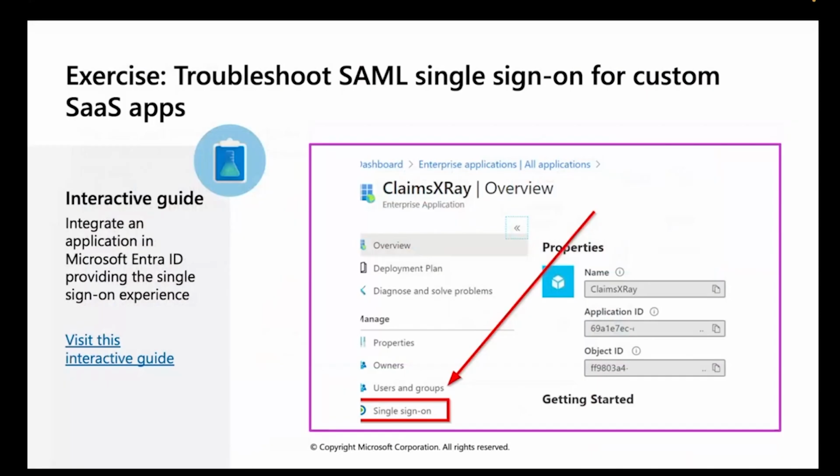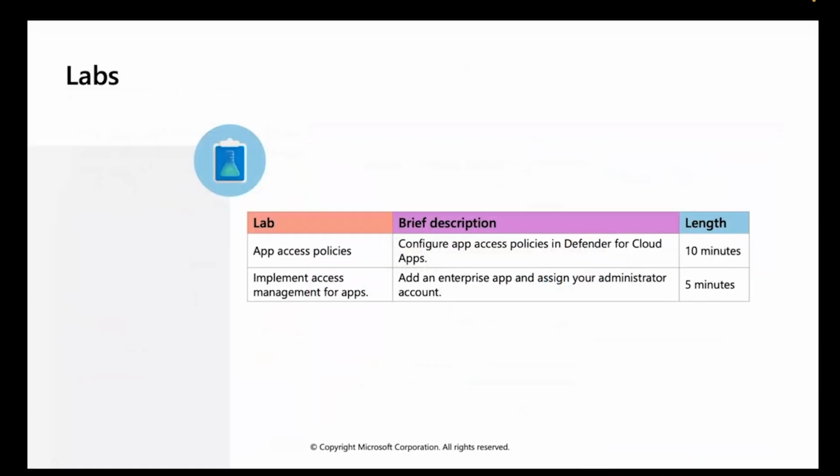If you have an ID and password, you can use this lab to understand how troubleshooting SAML single sign-on for custom SaaS applications works. Now, from a labs perspective, you have these two labs, application access policies and implement access management for applications. I believe you will have lab access, and that lab access will help you complete these lab activities.